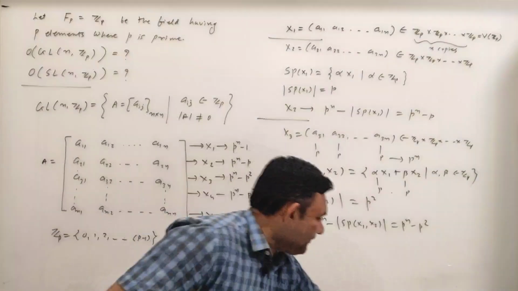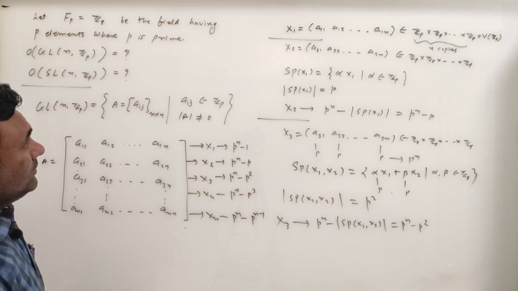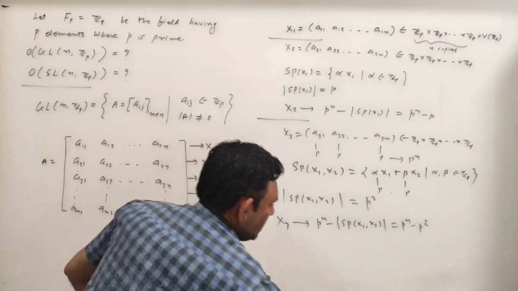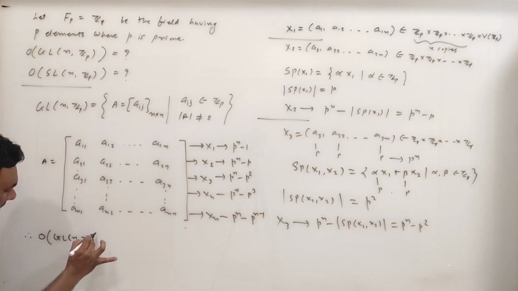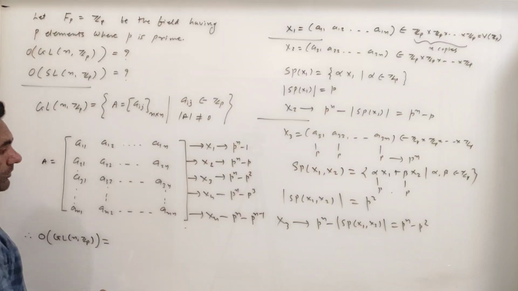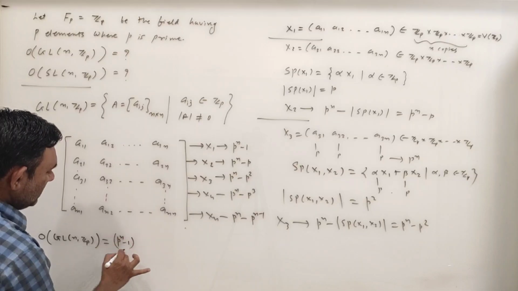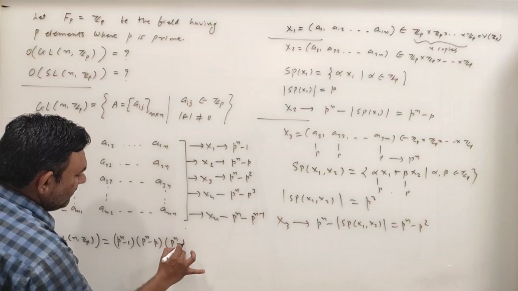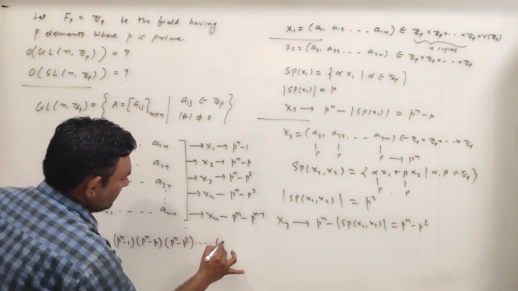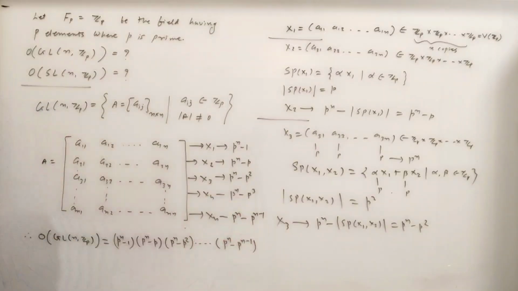So finally, the order of GL(n, Zp) is equal to (P raised to n minus 1)(P raised to n minus P)(P raised to n minus P square), and so on, up to (P raised to n minus P raised to n minus 1).